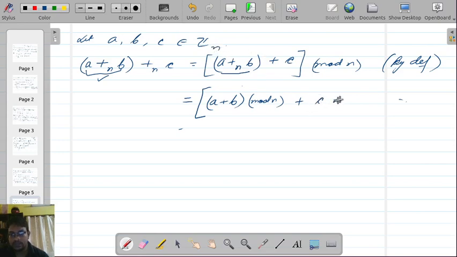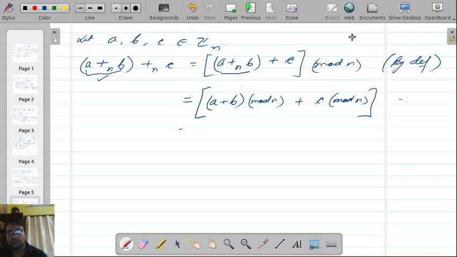So c I can also write as c mod n. The remainder when c is divided by n is c itself, because c lies between 0 and n minus 1. If you divide c by n, the remainder is c itself.